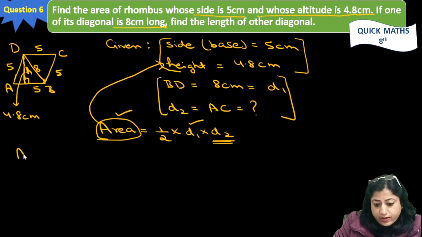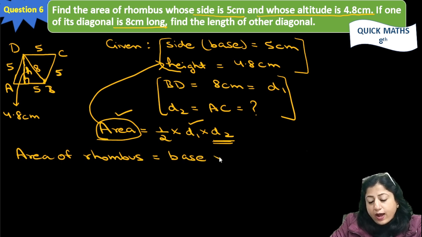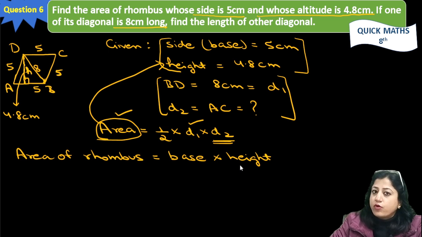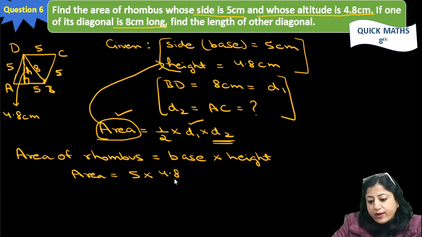So first, area of rhombus in the general form, as we calculate the area of parallelogram. What is the area of parallelogram? Base into height. This is the same formula we can use for the rhombus also, base into height. So area will be, base is given as 5 centimeter and height is given as altitude 4.8 centimeter.